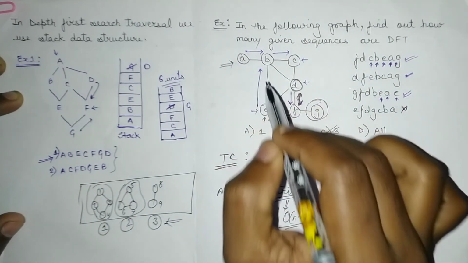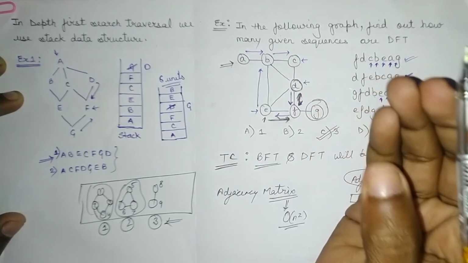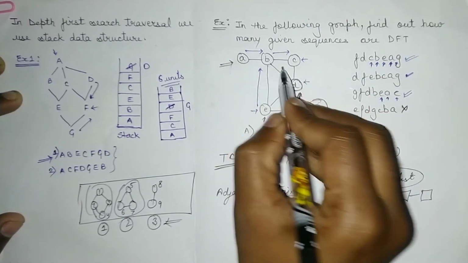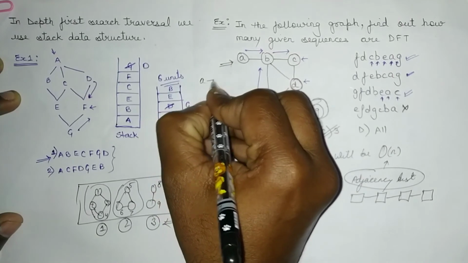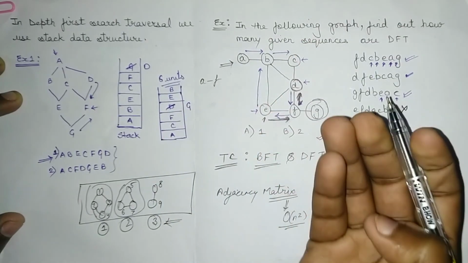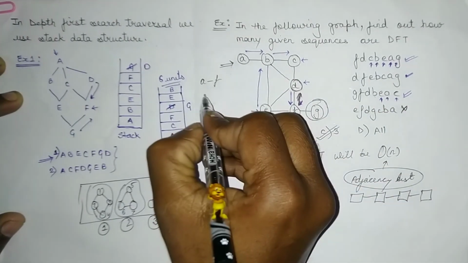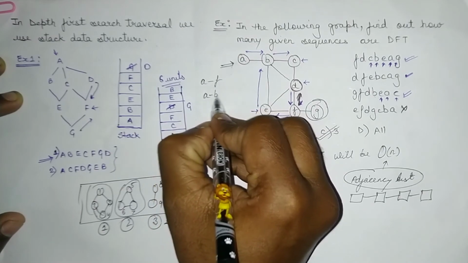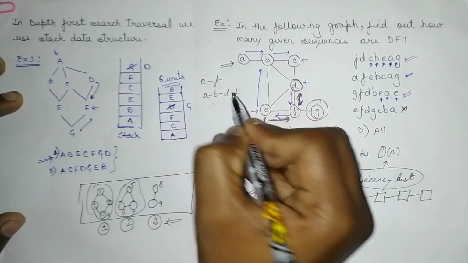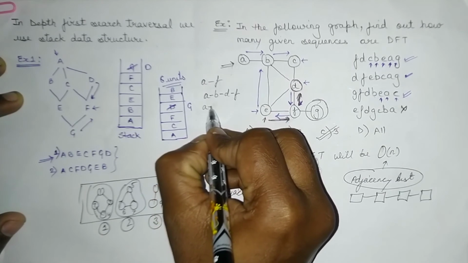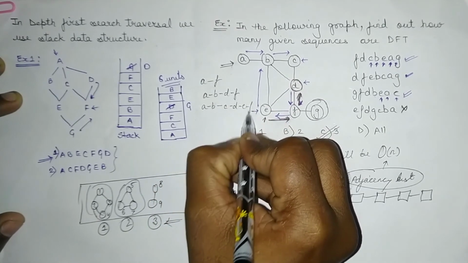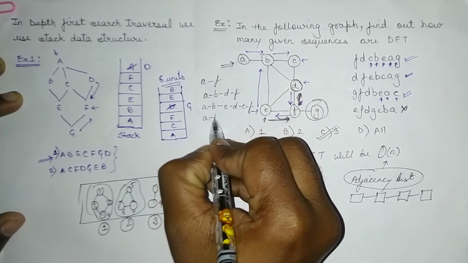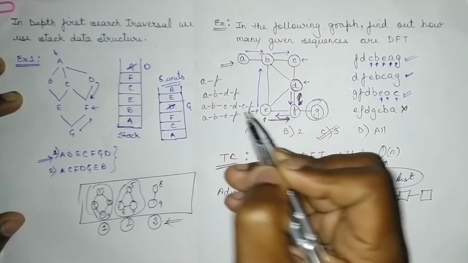Here is an unweighted graph, and we have to find the single source shortest path from A to F. So try to write down all the possible paths from A to F. One is A, B, D and F. Another one is A, B, C, D, E, F. And one is A, B, E, F, right?